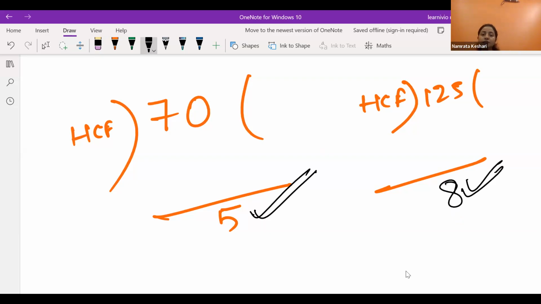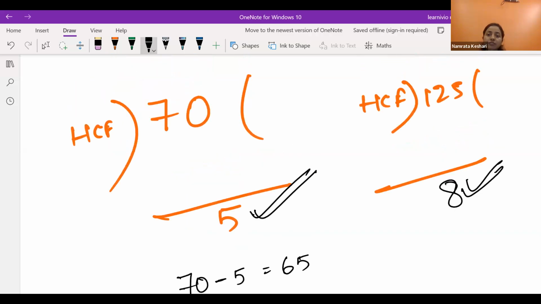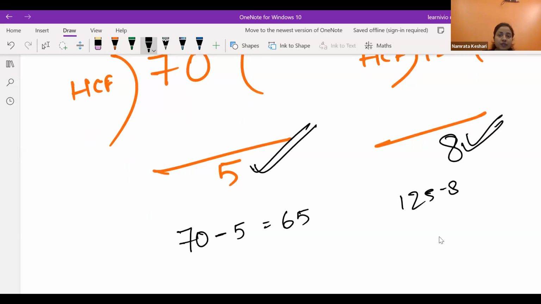Okay, so what we can do at first, from this 70 we can take out the remainder, that means 65. And the other number which is 125, from there we can take out the remainder 8, and we will be getting 117. Now these two remainders I am just keeping in my hand.